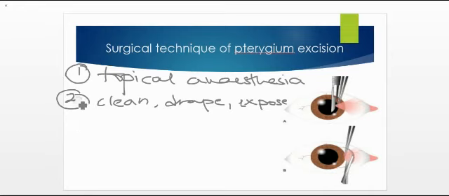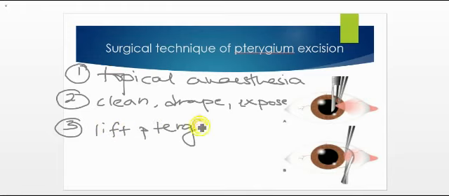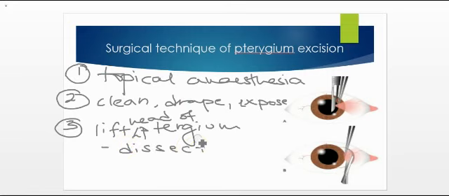Then what are you going to do now? As you can see in picture A, lift the pterygium up from the cornea. So you lift it up already, and then start dissecting slowly, very carefully, very meticulously.